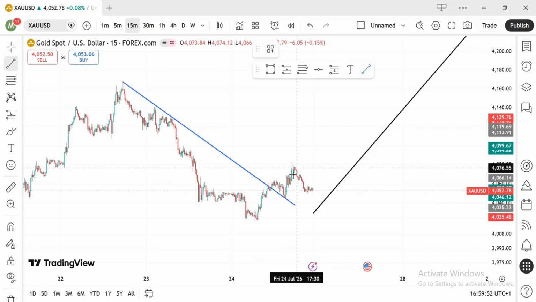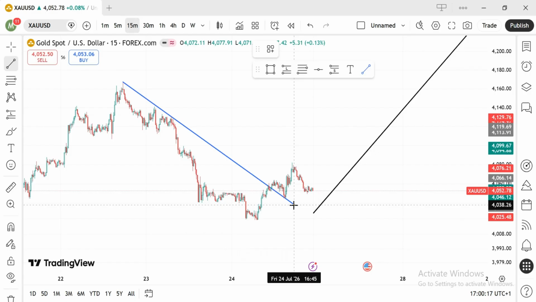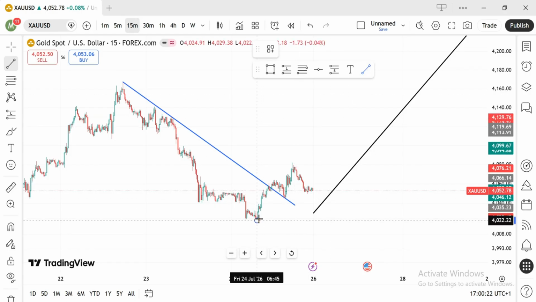So all we have to do is to come over to the last structure of this bearish trend, and that is also the beginning of the pullback trend we are seeing in the 15 minutes time frame. So all we have to do right here is to get our trend line tool as well to mark the trend.